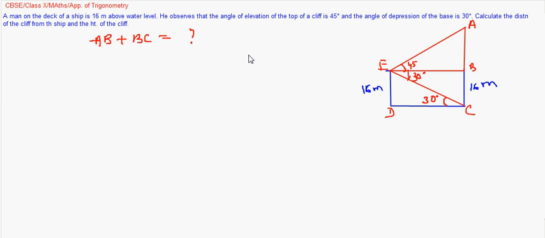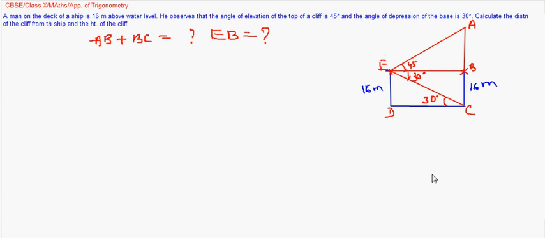And the other part, did they ask the distance of the cliff from the ship? That is BA, I guess. No, distance of the cliff. Okay, that is this distance, EB. You also have to calculate EB, that is the cliff from the ship, because the man is standing here, E and B. You have to calculate this.